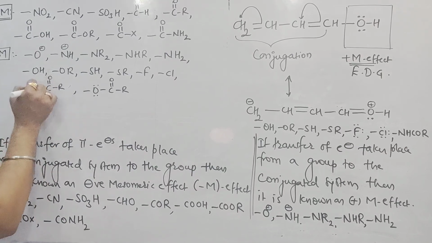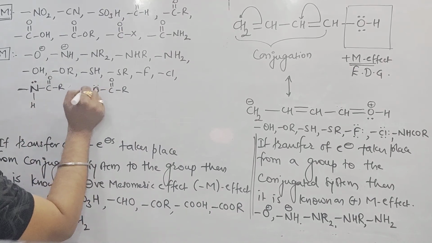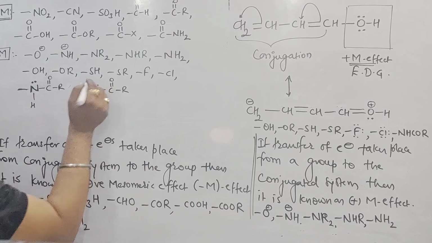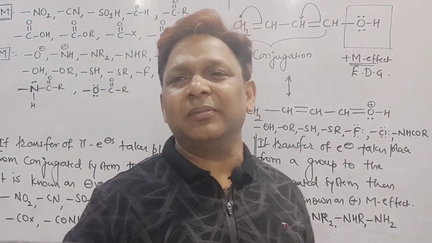But this is the atom attached to the conjugated system having a lone pair, so plus M. The oxygen atom attached to the conjugated system having a lone pair shows the plus M. So this is the complete order of minus M and plus M.